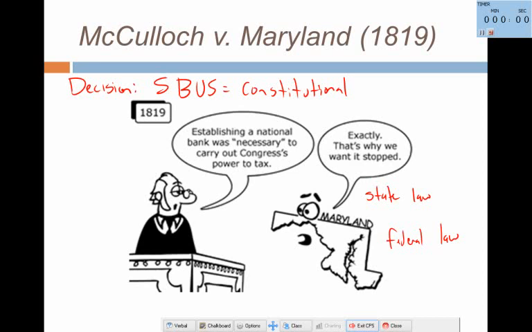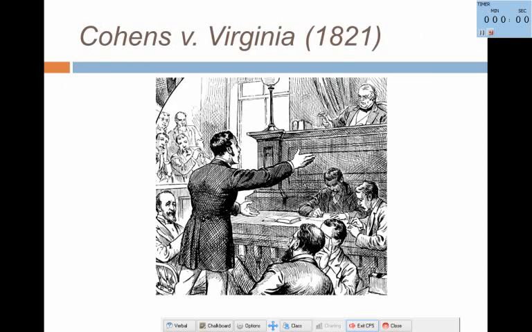Good so far? Okay. The next Supreme Court case is Cohens v. Virginia. In Cohens v. Virginia, the decision said that the Supreme Court may review state court cases, suggesting who is more powerful, the states or the Supreme Court?